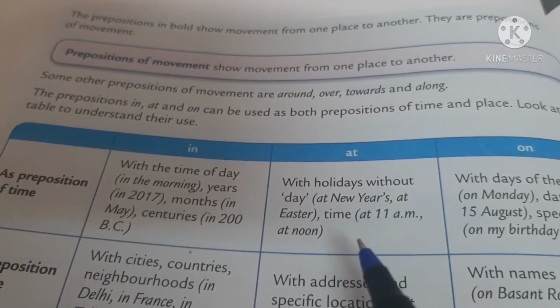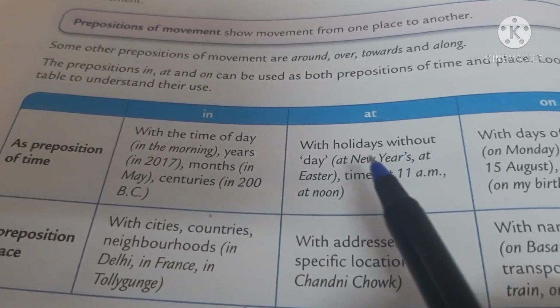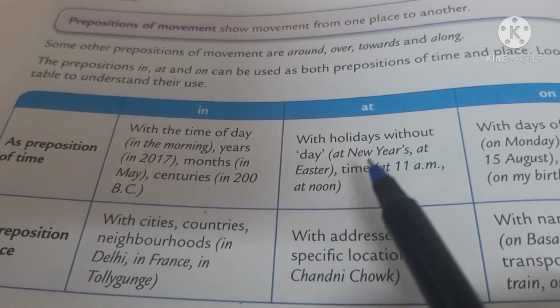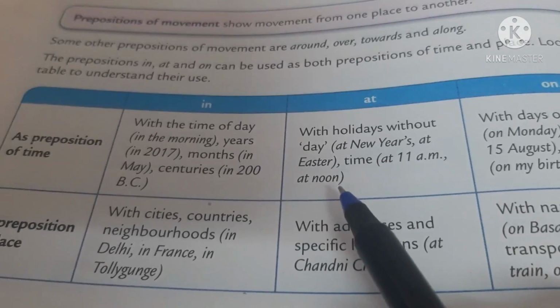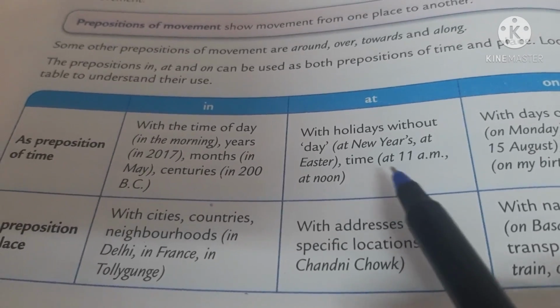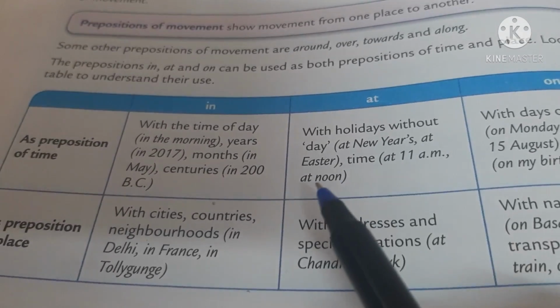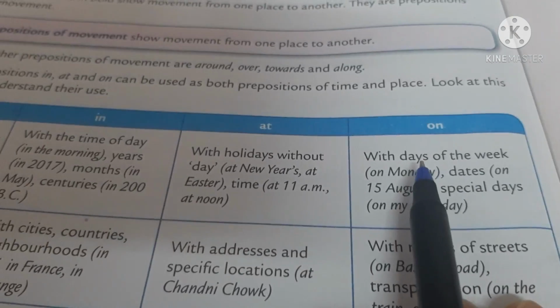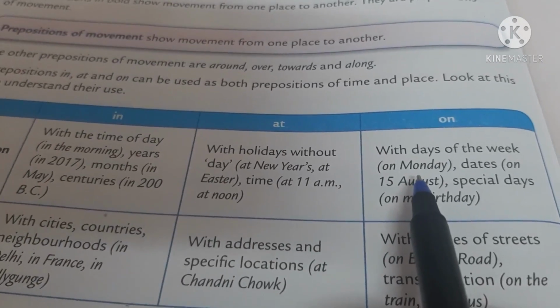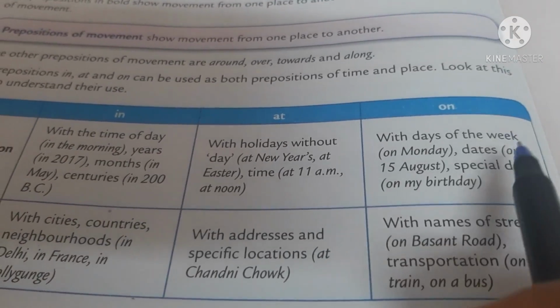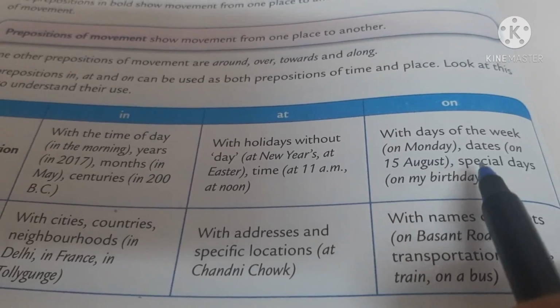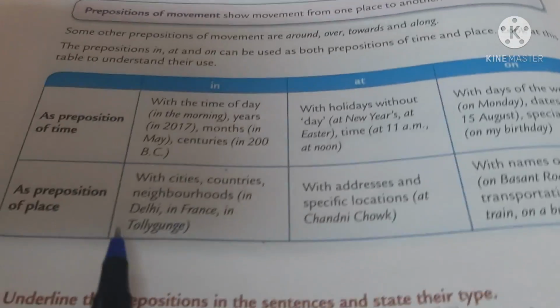Now at used as a preposition of time. With holidays, without day: at New Year's, at Easter, with time, at 11 a.m., at noon. Now on, with days of the week, means on Monday, dates, on 15 August, special days, on my birthday.